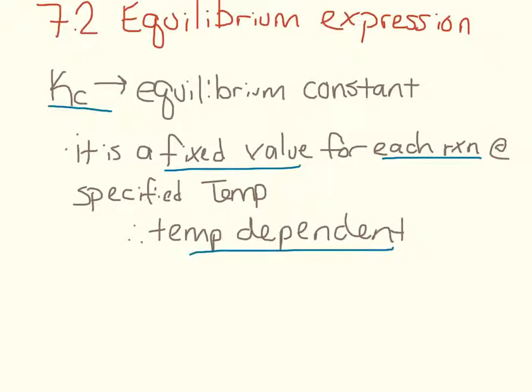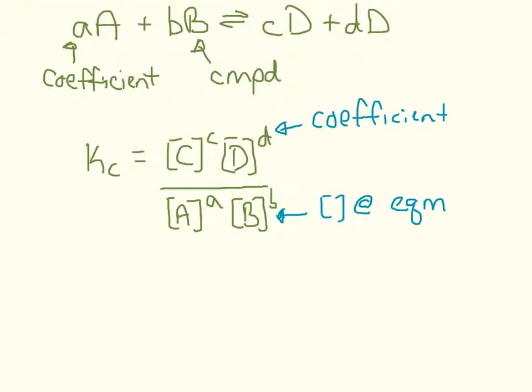Every reaction has its own particular value for Kc, therefore it has to be calculated for every different reaction. How do we go about writing the equilibrium expression? If we have a generic reaction, little a A plus little b B, the little letters are our coefficients, and the big letters are our compounds.